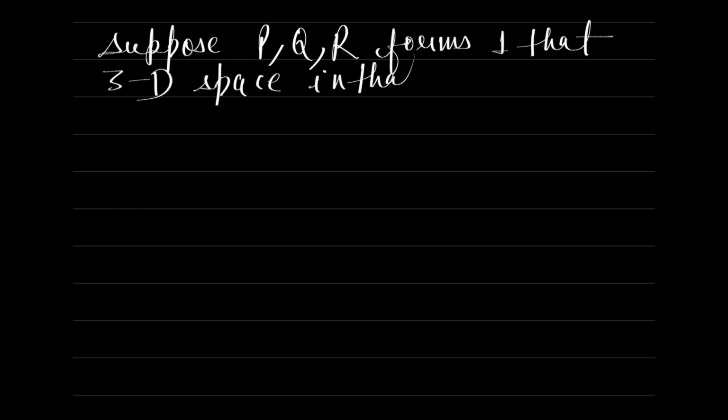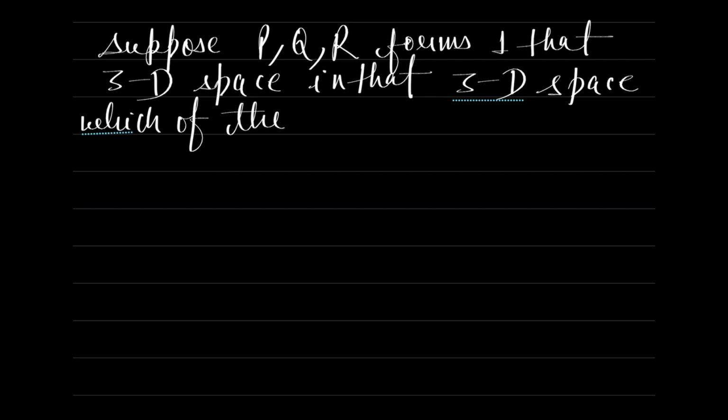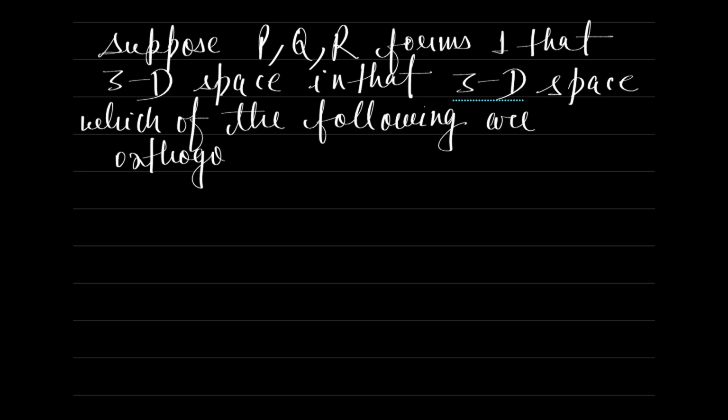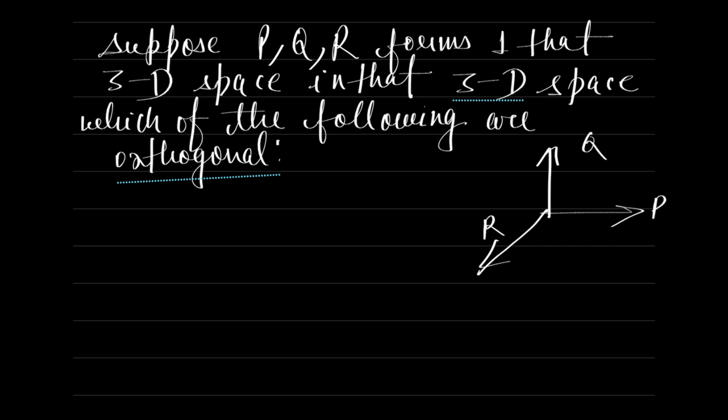In that space, which of the following are orthogonal? Like we already know, these are our vectors P, Q, R, and this is the orthogonal vector which we are going to find.